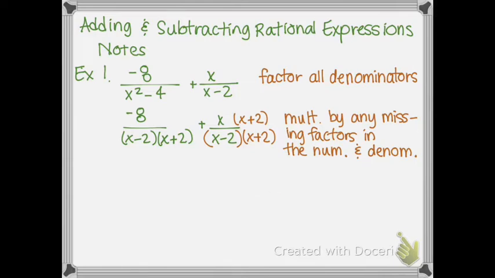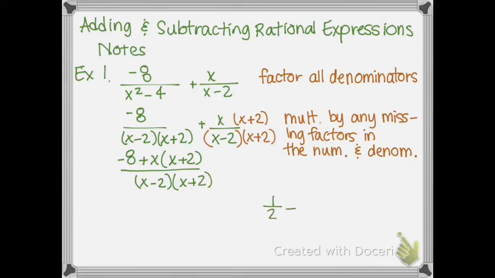Okay, so now that we have a common denominator, we can combine this into a single fraction. Everything that's in the numerator gets written together. The denominator only happens once. That would be similar to adding two fractions.